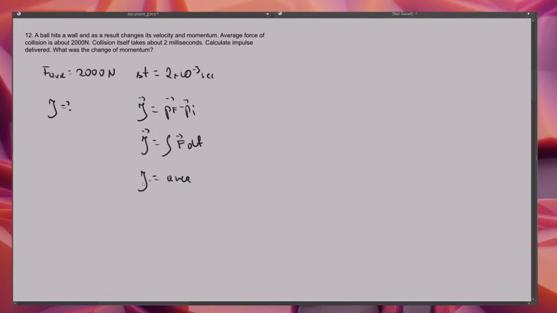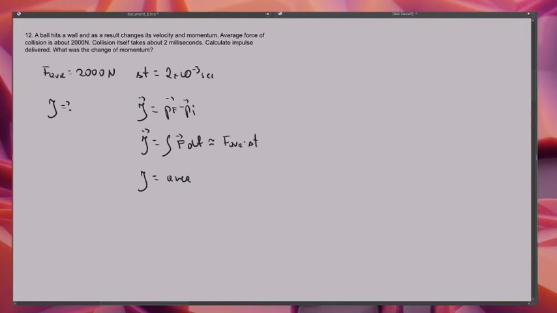If the area is negative, then J is negative. I'll leave it like that because I'm not sure how you would label area here as a vector. However, this also can be the average force times the time.